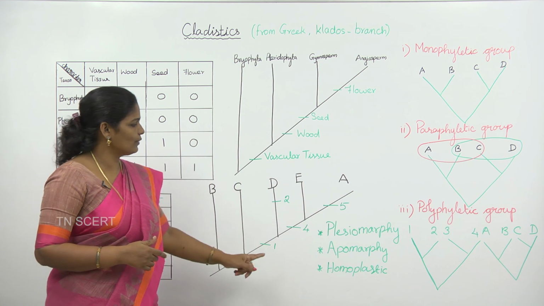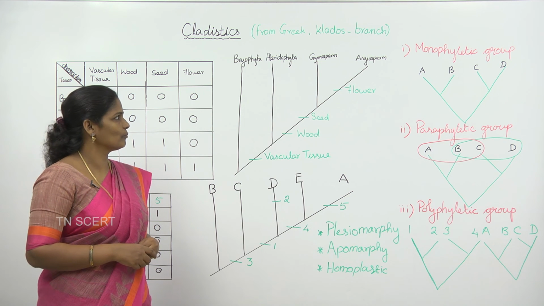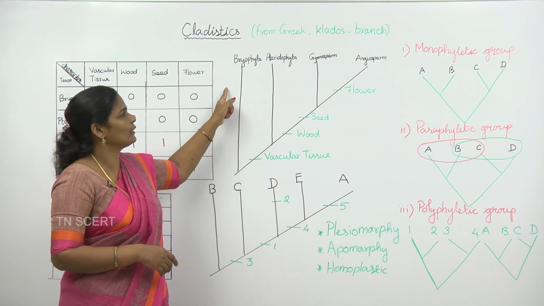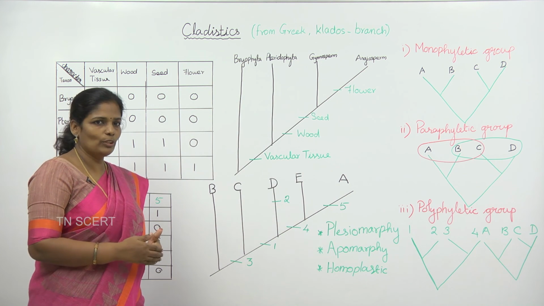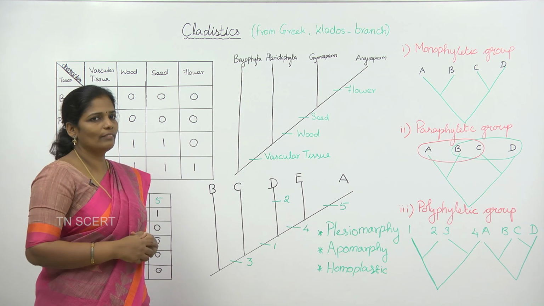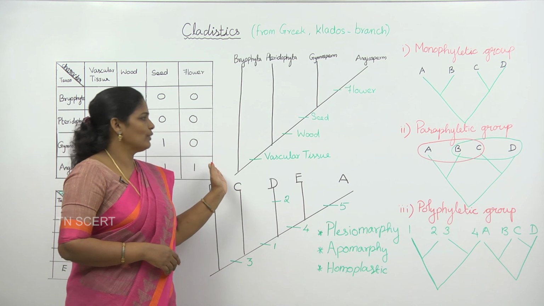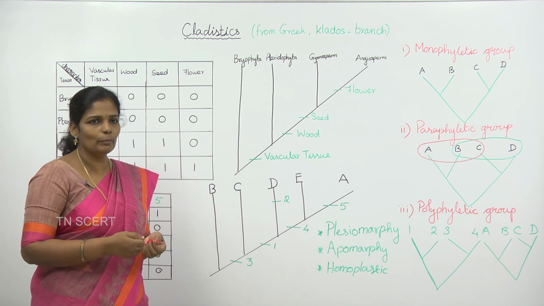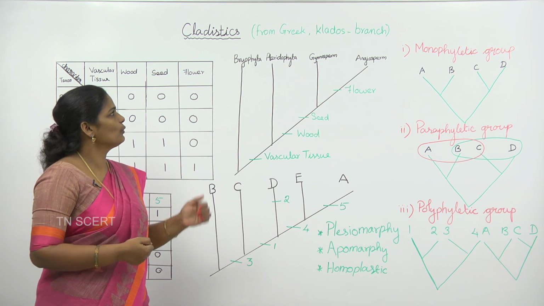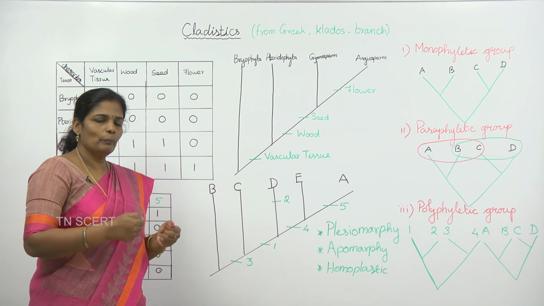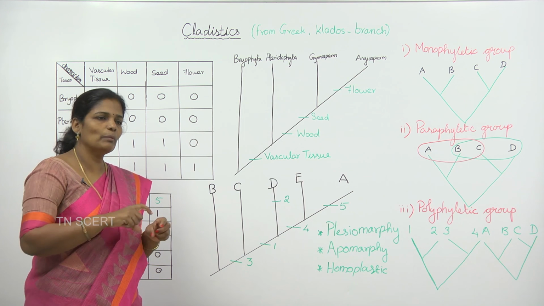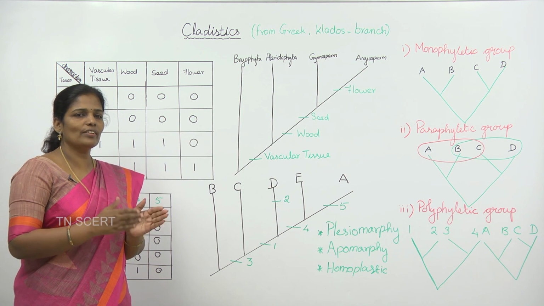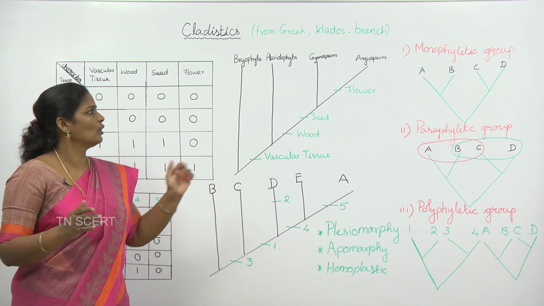From this we can observe the primitive and advanced organisms, plesiomorphic and apomorphic characters. So, it helps to put the different groups of organisms in order based on the evolutionary characters which exist among them.